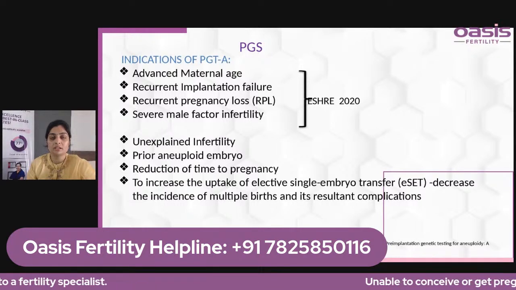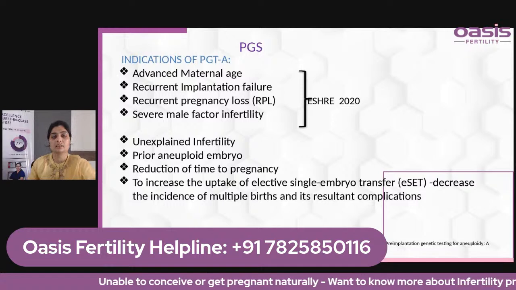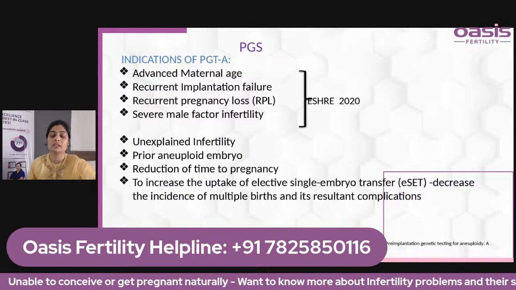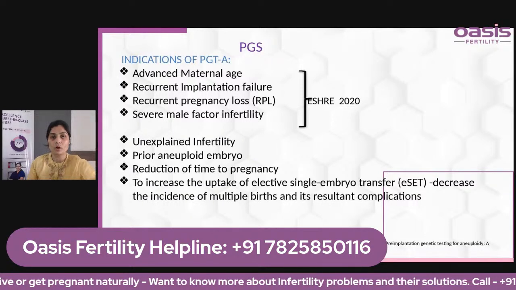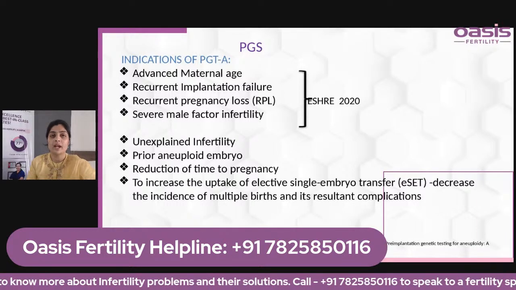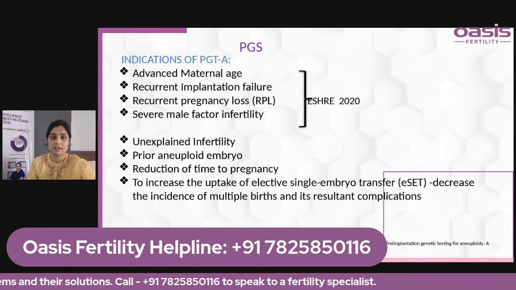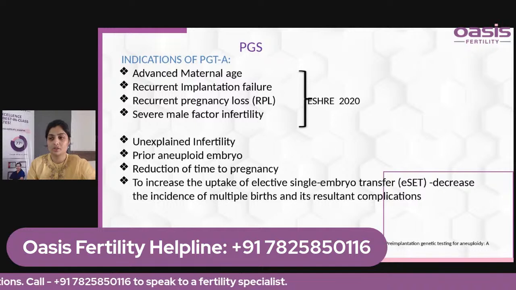With every FET we transfer one blastocyst, and it takes 3-4 transfers before you end up in a successful pregnancy. So if we do a PGTA first, screen all these embryos and transfer the euploid embryo, all the time wasted can be saved. So that is another indication. Next slide.